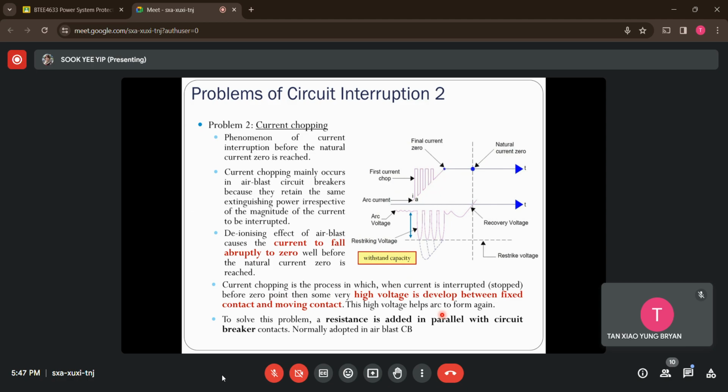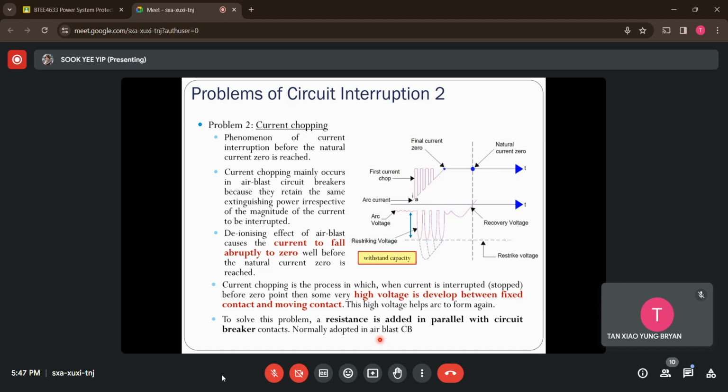So how can we stop this from happening for air-blast circuit breakers? We will need to add a resistance in parallel connection with the contacts of the breakers. In such a case, we can stop the current chopping situation. So here would be the solution.